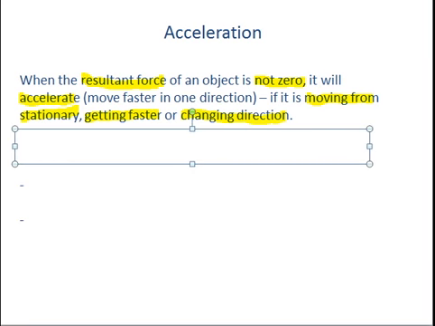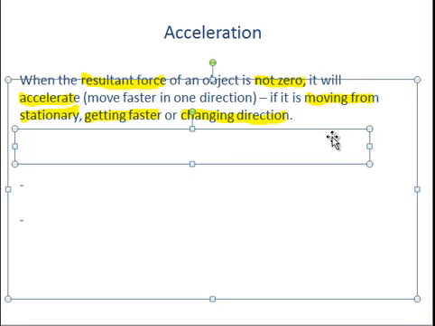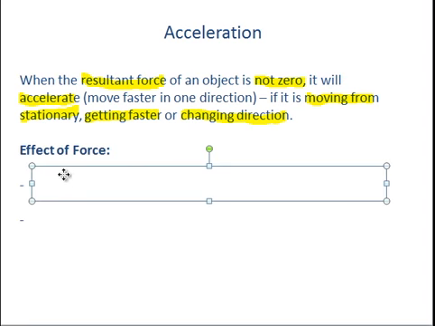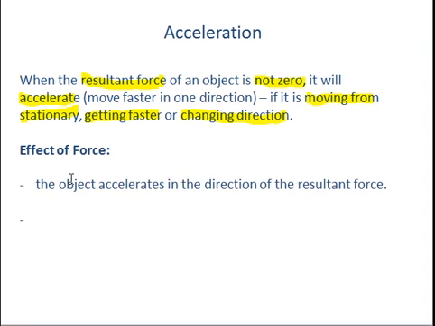So the extent to which an object accelerates is affected by two things, mass and force. First we're going to talk about the effect of force. When thinking about it, you need to realize that the object accelerates in the direction of the resultant force.